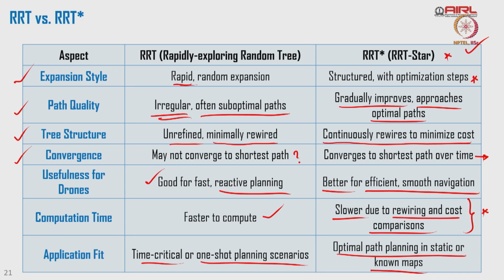One is cost aware parent selection in the node expansion or in making the tree, and at the same time it has another feature that is called rewiring, which also keeps the shortest path or optimization of that flavor in mind, so that both steps, parent selection and then rewiring, take care of the suboptimality problem of RRT, right.